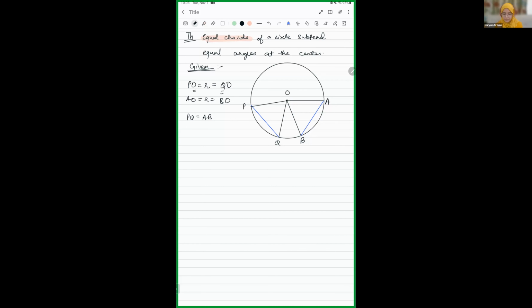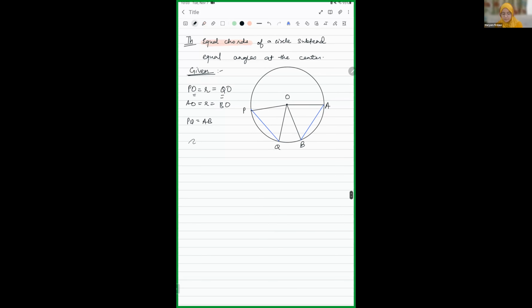So now the solution or the proof. In triangle AOB and triangle POQ.